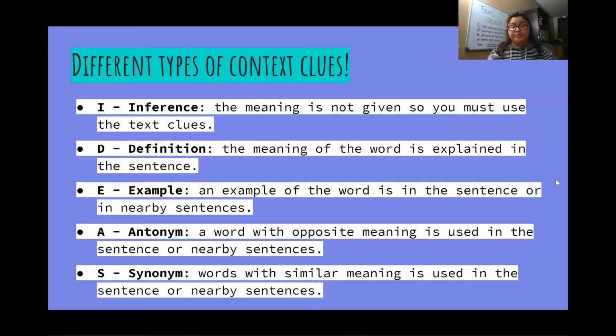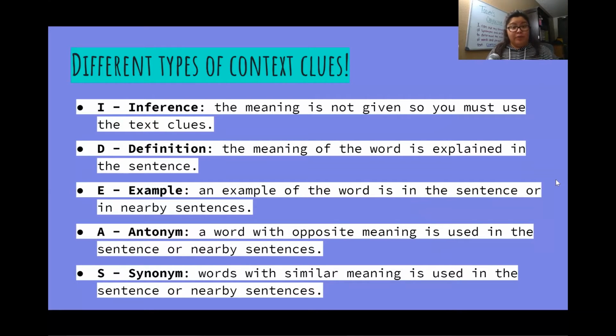I is for inference, which is the meaning is not given, so you must use the text clues. D is definition. We're going to go over that one today. The meaning of the word is explained in the sentence. E, example. An example of the word is in the sentence or nearby sentences. A is for antonym. A word with opposite meaning is used in the sentence or nearby sentences.